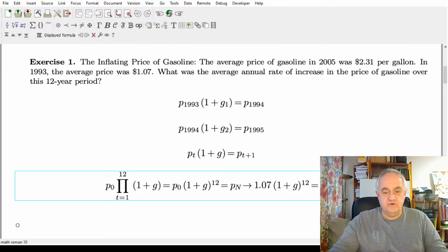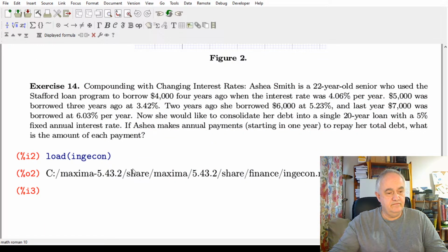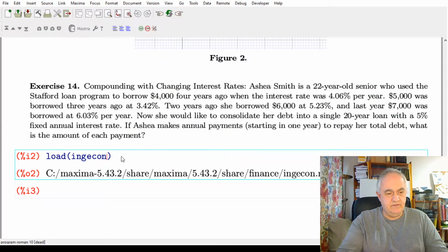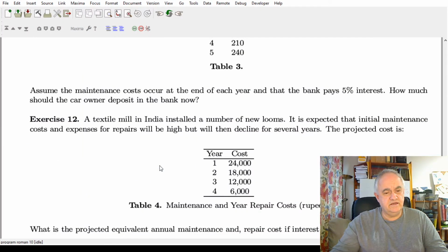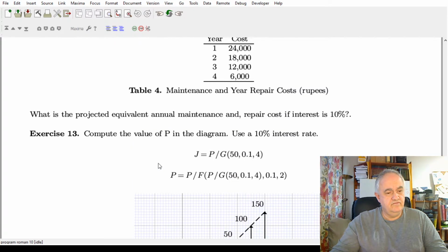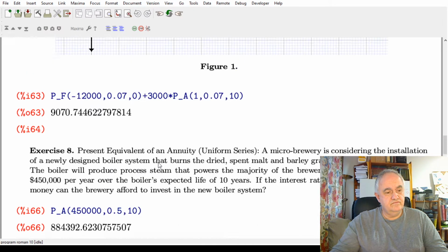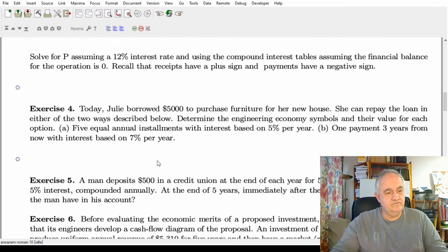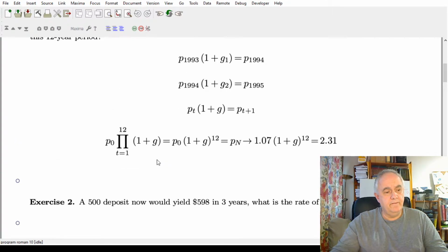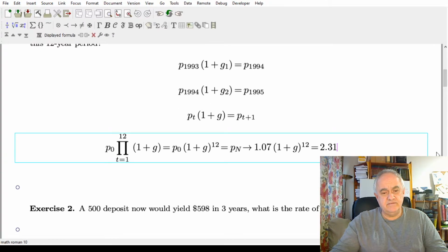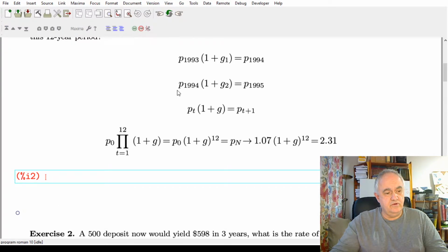For this purpose, we will call Maxima. I will open Maxima here at the end. I will load ngCom just in case it is necessary. And then I will open Maxima here to do all the analytics.